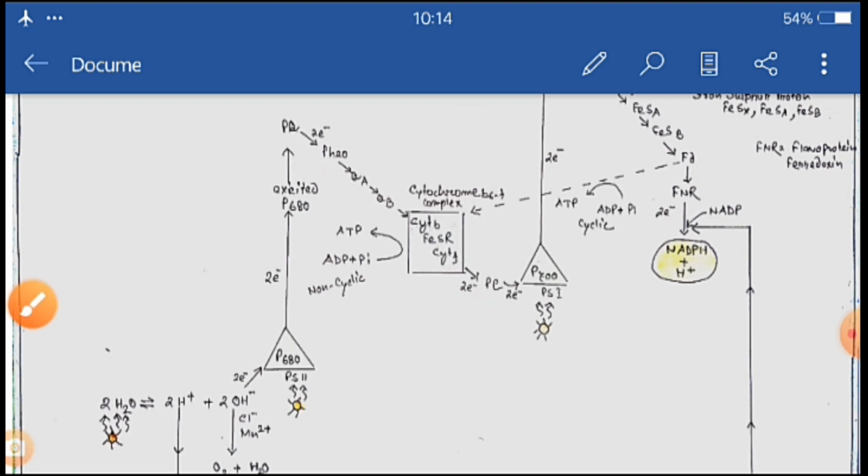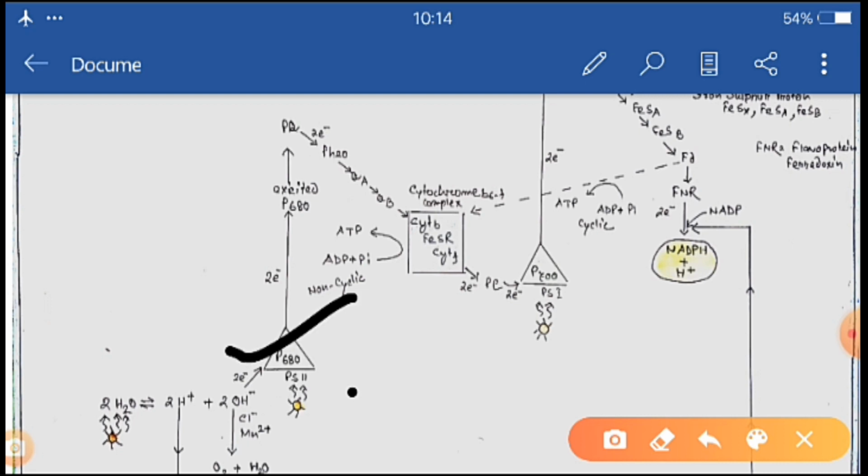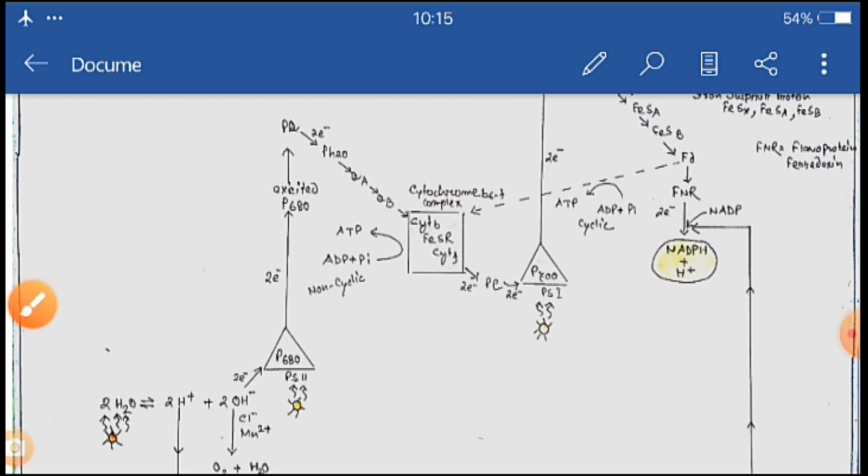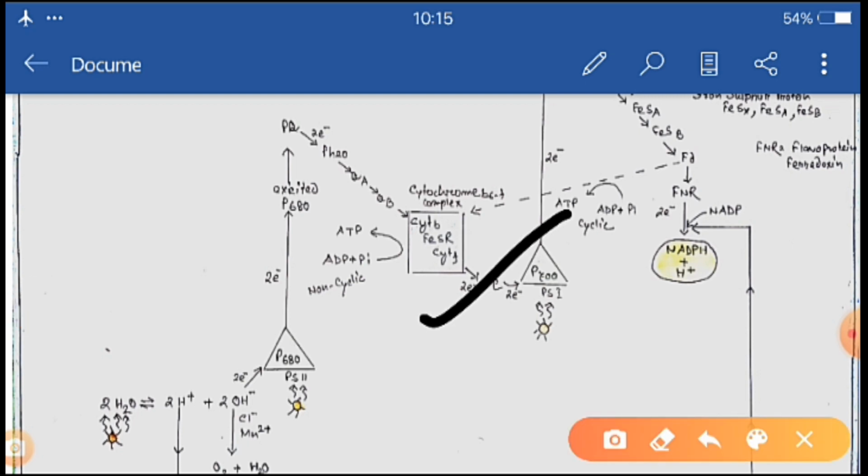Again I am saying, by getting photon particles, the photosystem 2 gets excited, and due to that excitement electrons are released, and those electrons are transferred to plastocyanin via plastoquinone, pheophytin, plastoquinone A, plastoquinone B and cytochrome B6F complex.